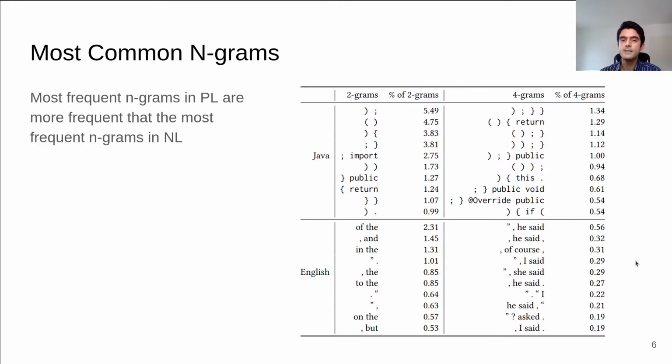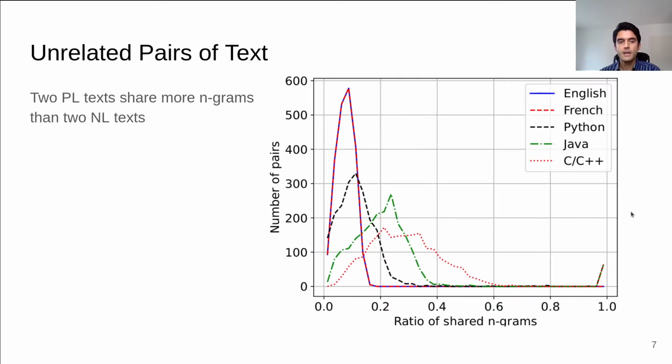And you can see that the frequency of the n-grams for Java are higher than the frequency for the English language. And this means that we should expect to see more shared n-grams between two pieces of Java programs rather than two pieces of text in English. And that's what we see in this graph.